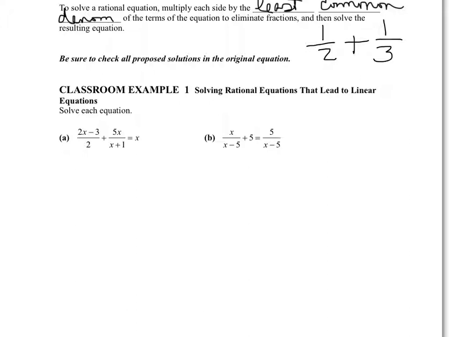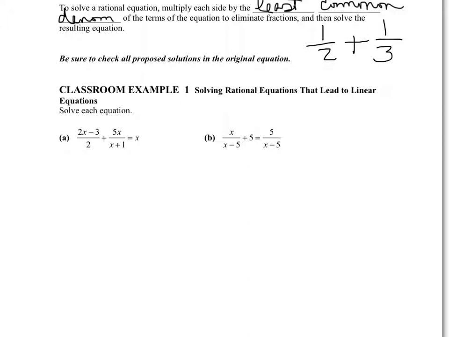Keeping that principle in mind, as you look at A, one of our denominators is 2, the other denominator is x plus 1. Now, the x plus 1 is different not only because there is a variable, but there are also 2 terms. Obviously these two do not match, so I know I don't already have a common denominator, but I would need to see if the expression that has 2 terms is something that could factor.